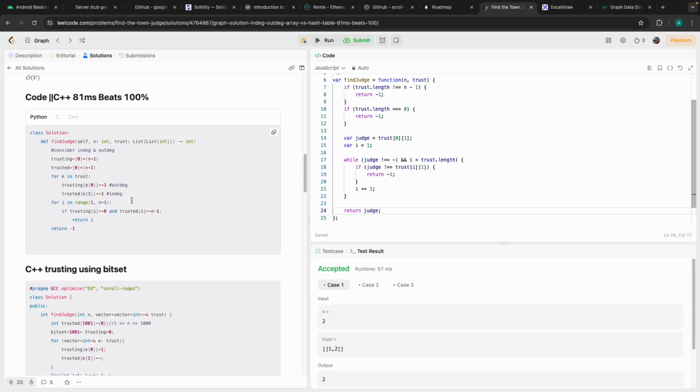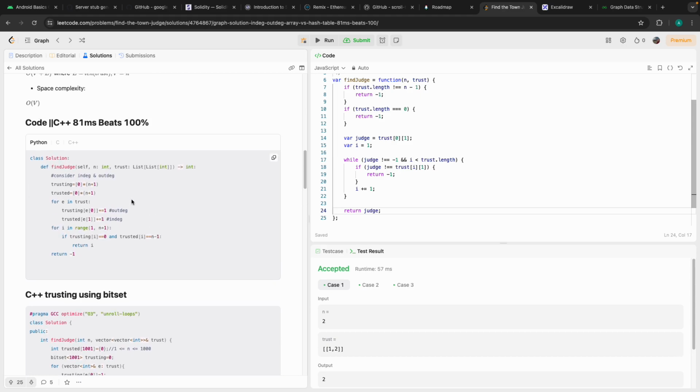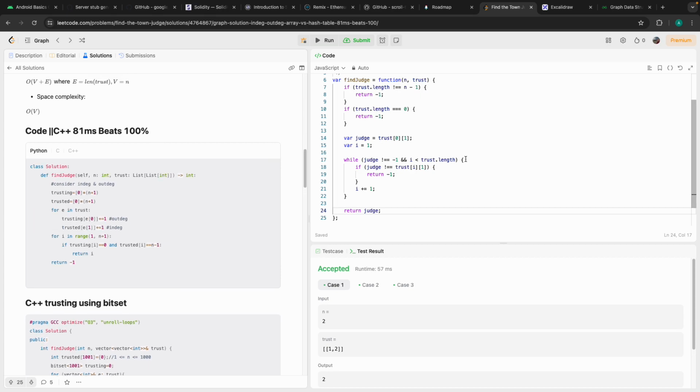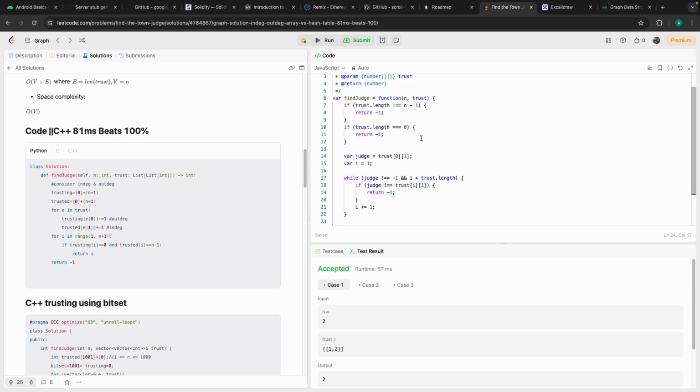Wow, I got it. But we don't use a graph here. Let's try to code it. So I need two hash maps.